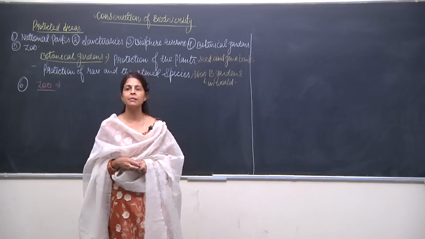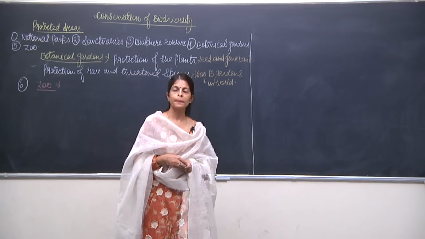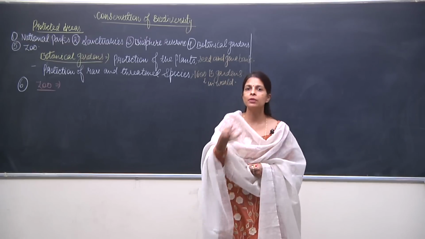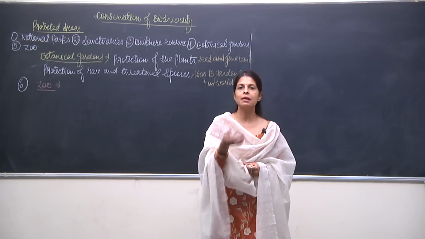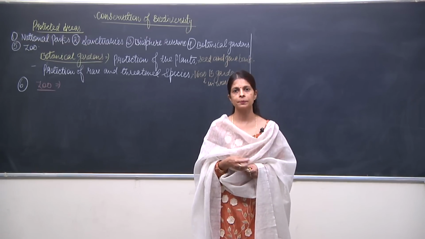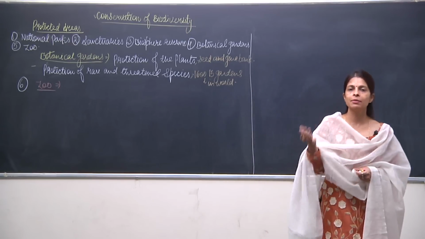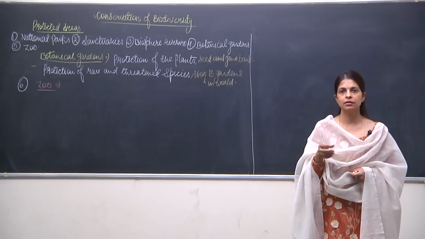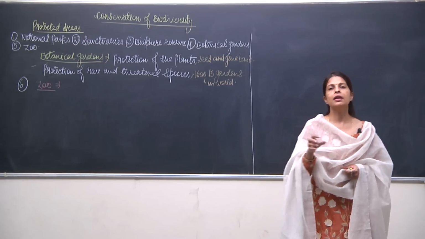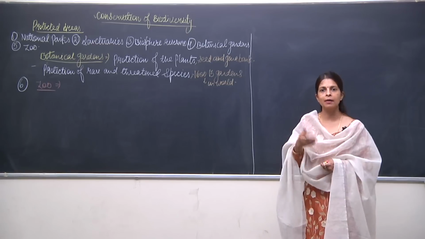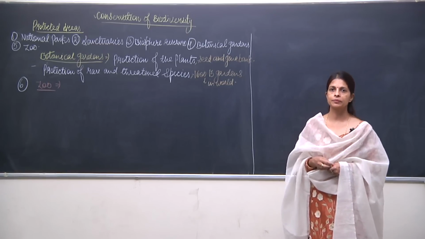That means they are kept in protected areas. Protected in the sense that animals are protected from humans and humans are protected from animals. A lion kept in the zoo won't be able to come out and eat a human. But at the same time, no one can harm the animals in the zoo.